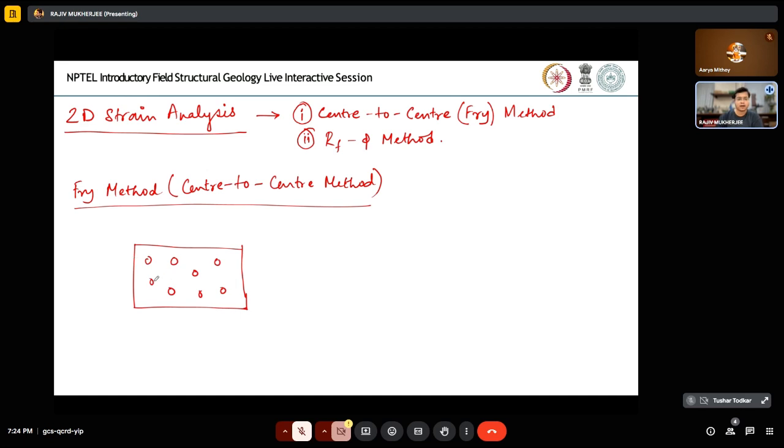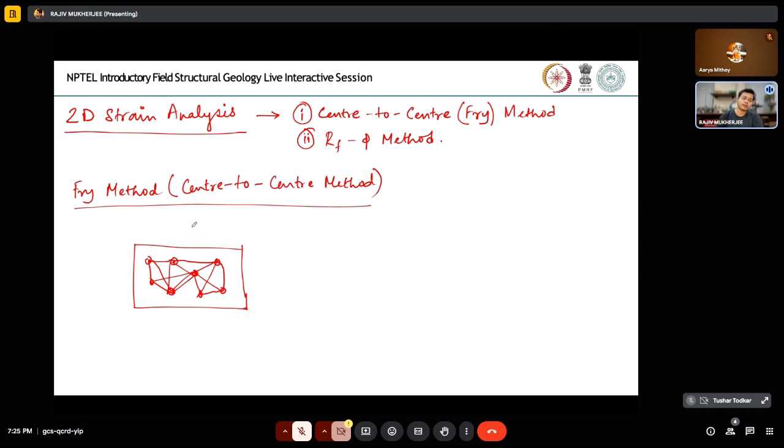Now, if I want to connect the centers between each of these points randomly, these, these, these, or these, I can have a number of combinations like this, right? Through which I can connect the center points of these randomly distributed spherical or circular objects in this entire region.